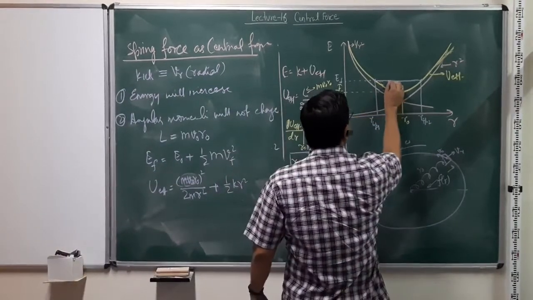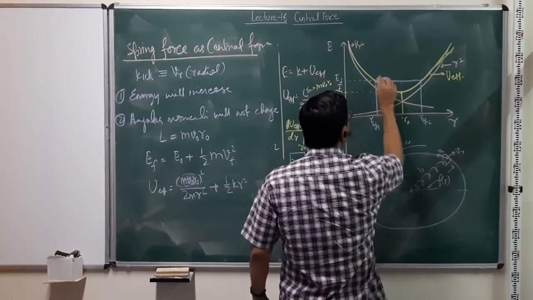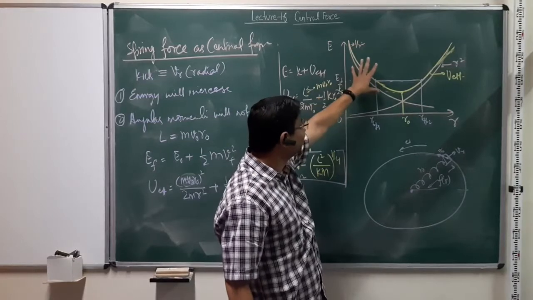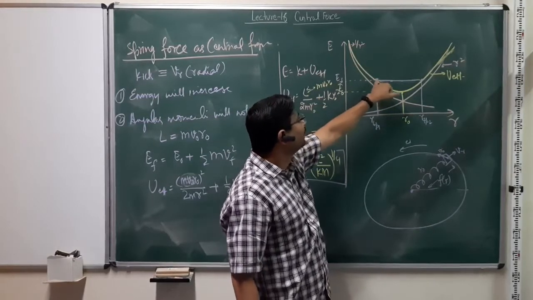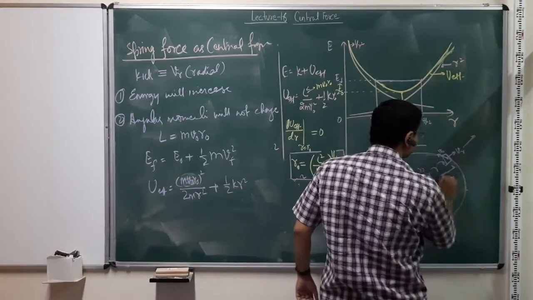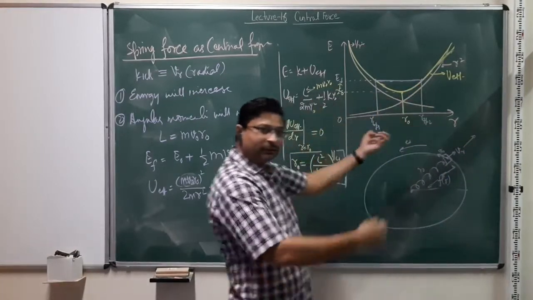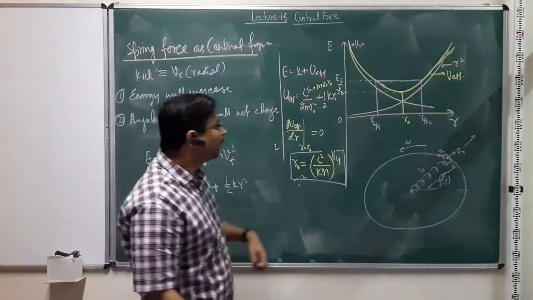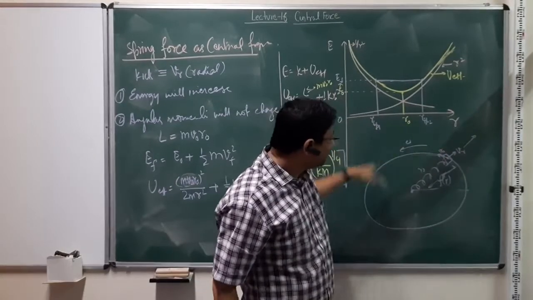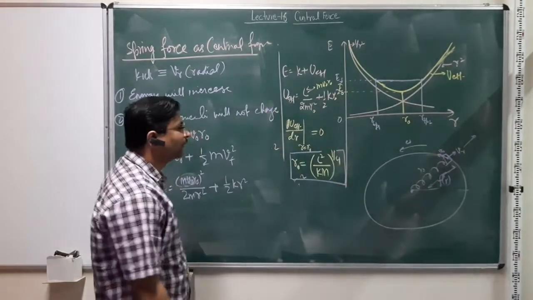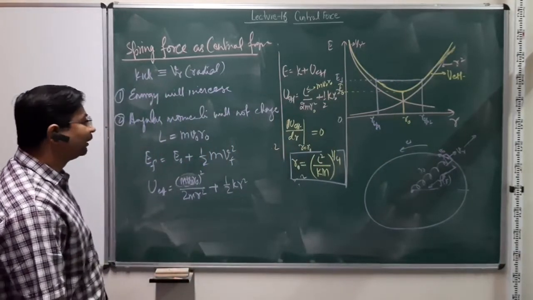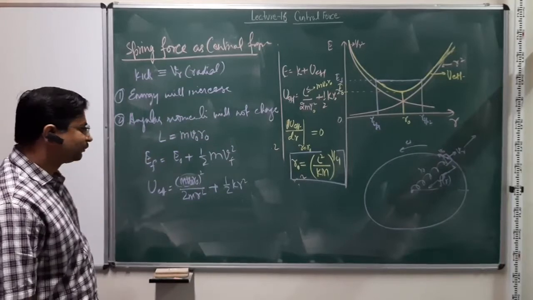So the radius can decrease by this, and then suddenly the central force will be strong enough, effectively saying that the effective potential will be strong enough to repel it, so this will again start increasing, can stretch up to a certain length, go up to this point, and then the central force again will be strong enough to pull it back. So basically this will now oscillate about the radial direction while going around this circle, right? And along the radial coordinate, the system will be confined to these two positions.